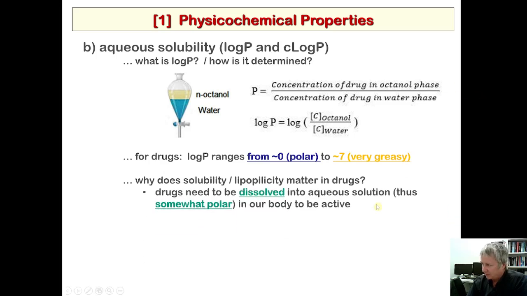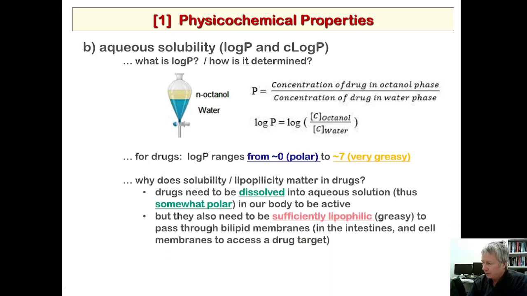It needs to be dissolved in aqueous solution, thus somewhat polar, and in our body to be active and reach a drug target. The drug also needs to be sufficiently lipophilic, greasy, to pass through a bilipid membrane, often in the intestine or the stomach, and also through various cell membranes to reach a drug target.